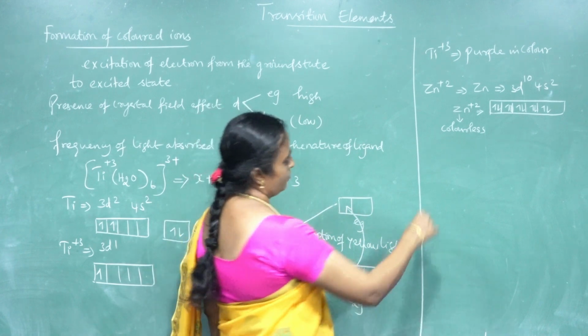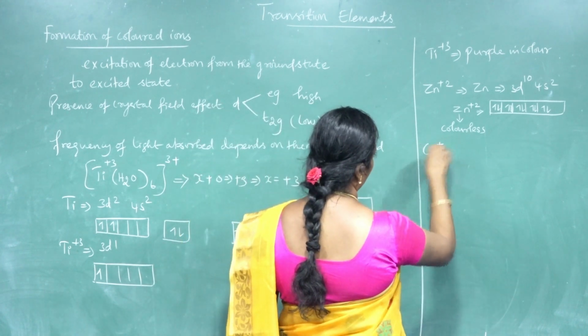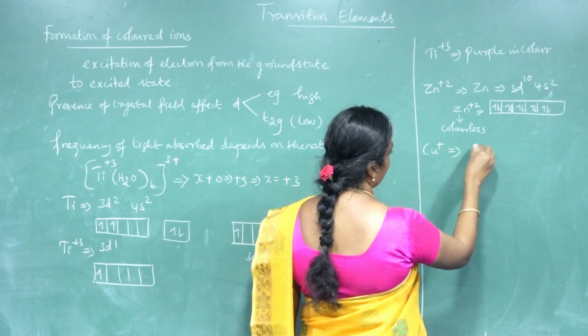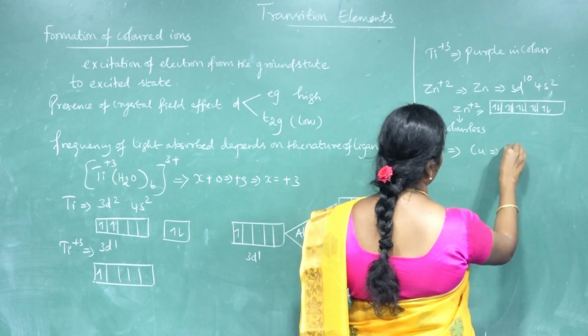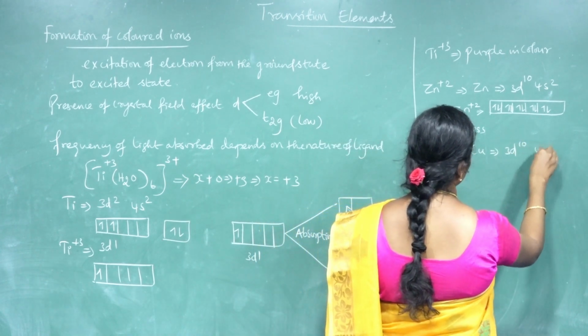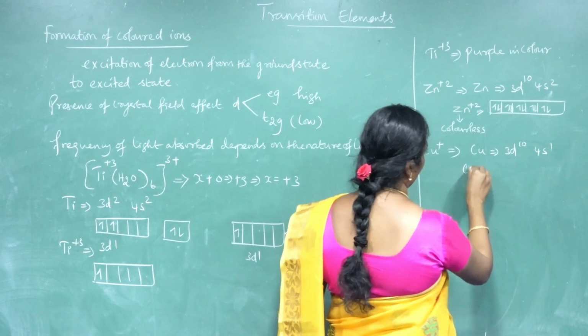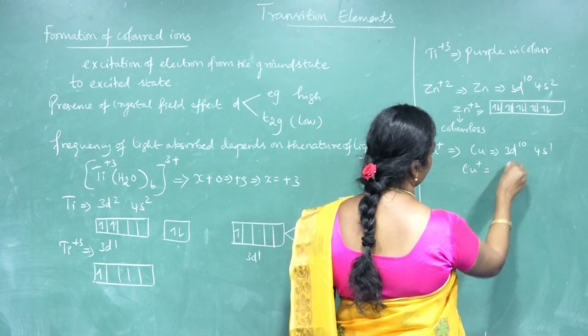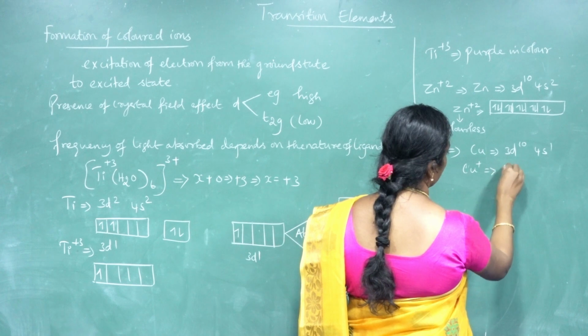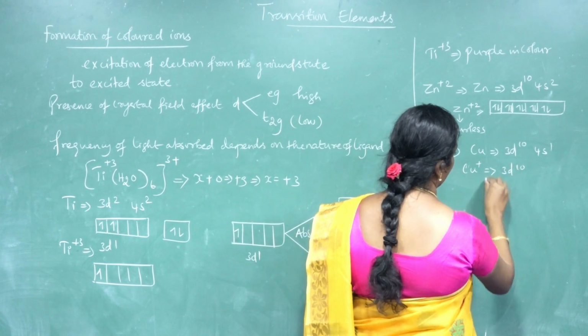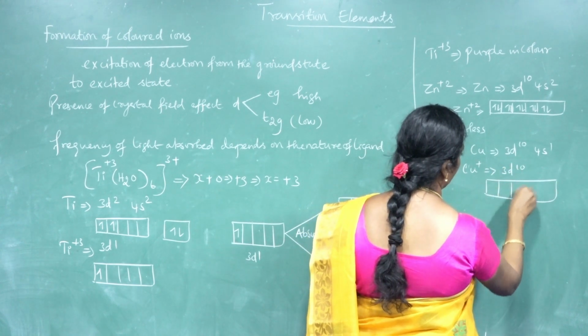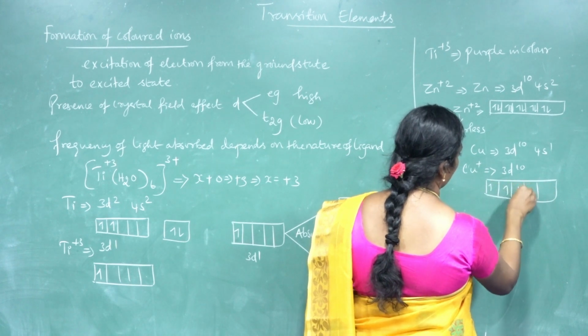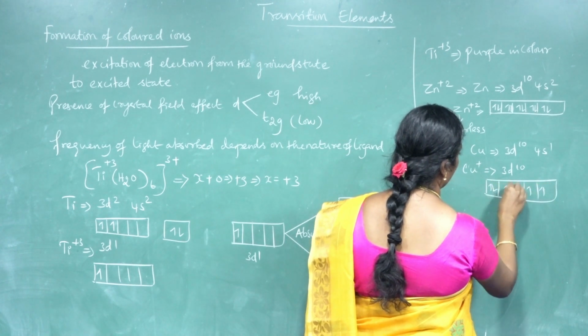In the same way, for copper, the Cu+ ion: copper is 3d10 4s1, so Cu+ gives only 3d10. Again 3d10 means unpaired electrons are not possible, so the ion is colorless.